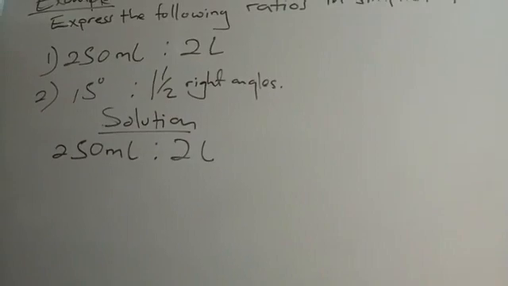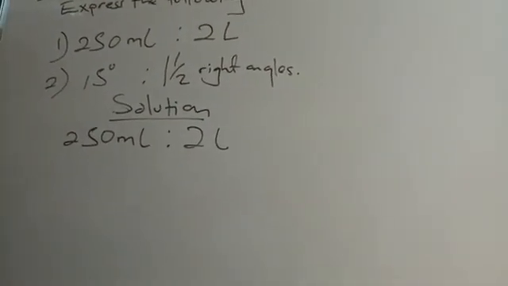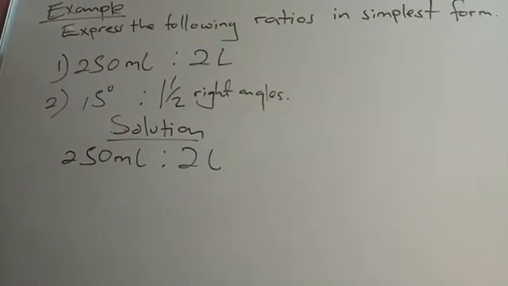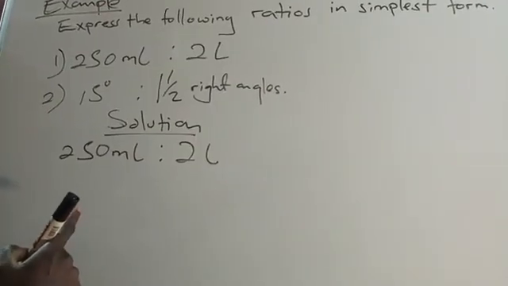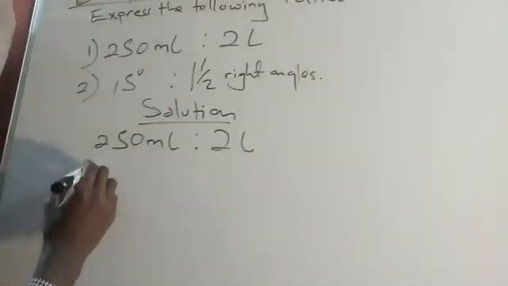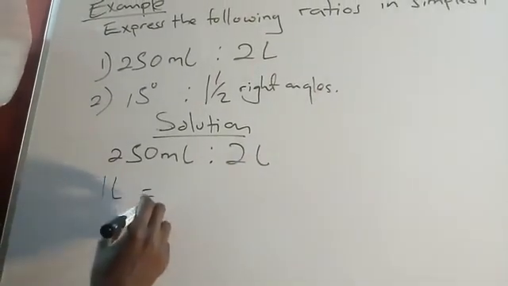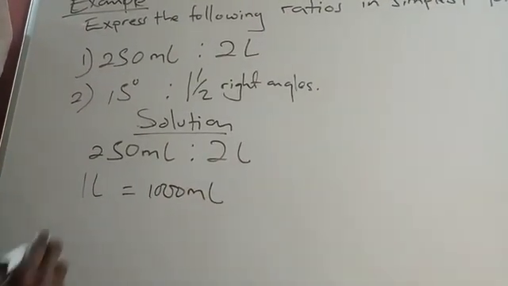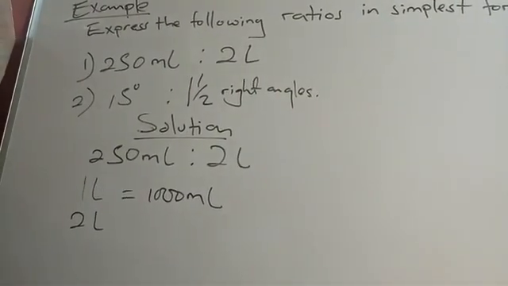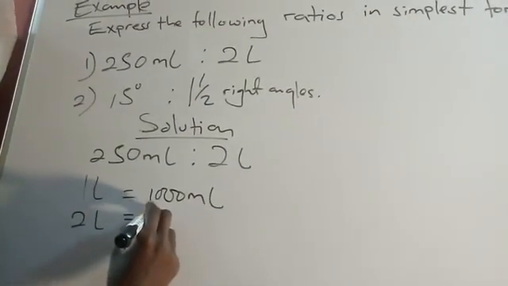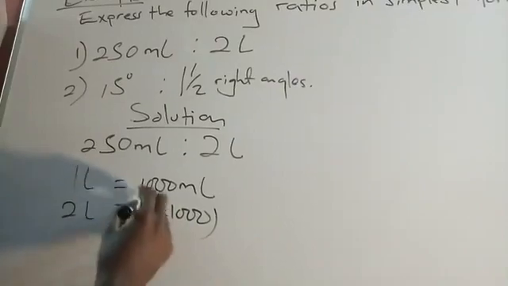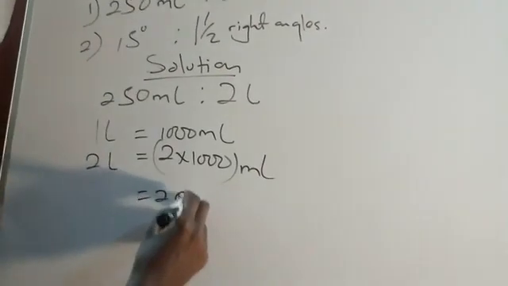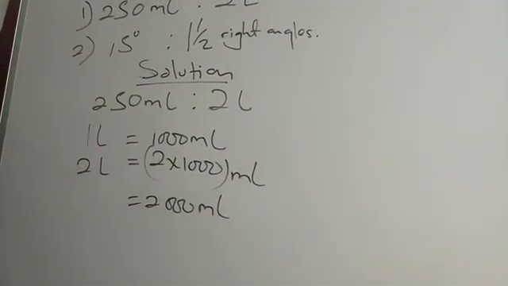Liters are larger than milliliters, so we convert 2 liters into milliliters. 1 liter equals 1000 milliliters, so 2 liters will become 2 times 1000, becoming 2000 milliliters.